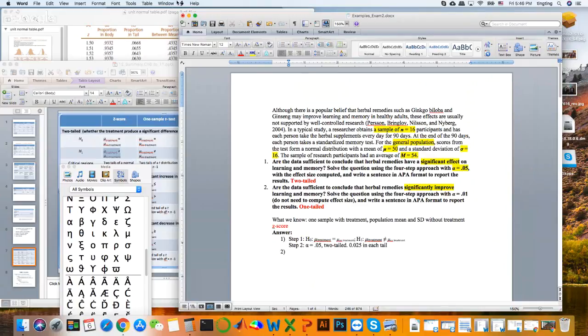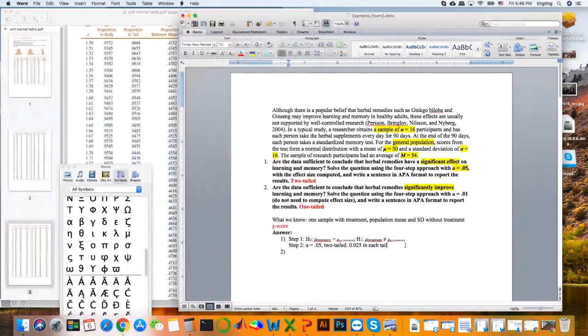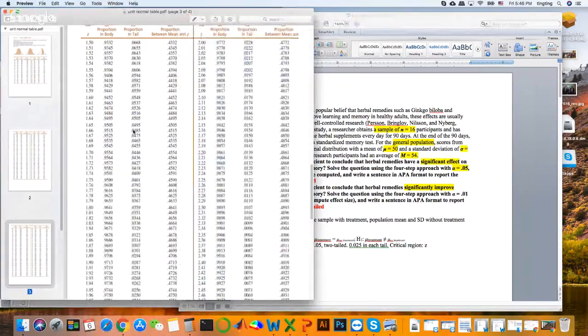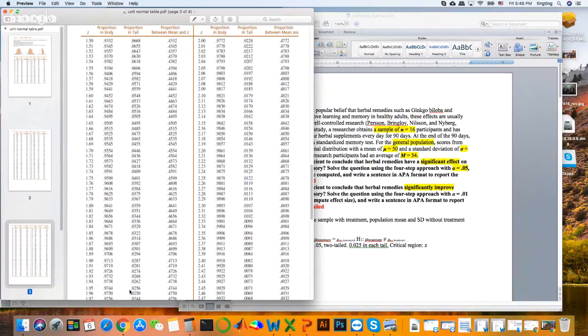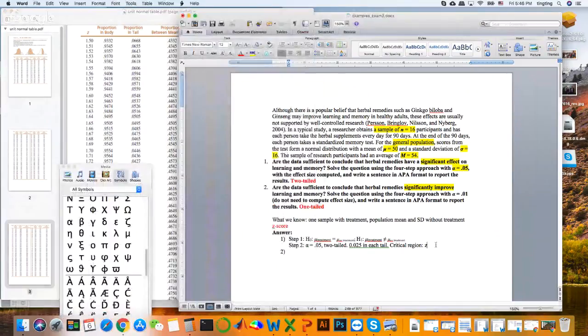Then we use the unit normal table to search for the boundary. Searching for proportion in tail 0.025, we can find the z-score of 1.96.